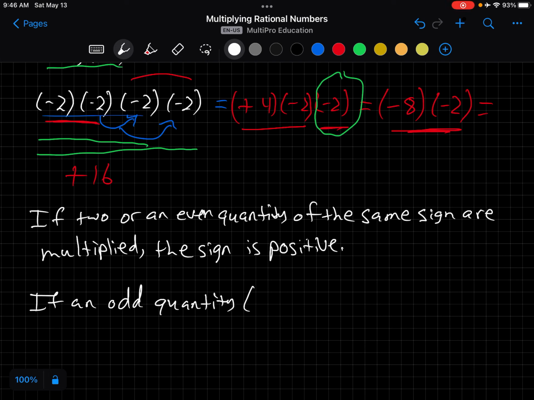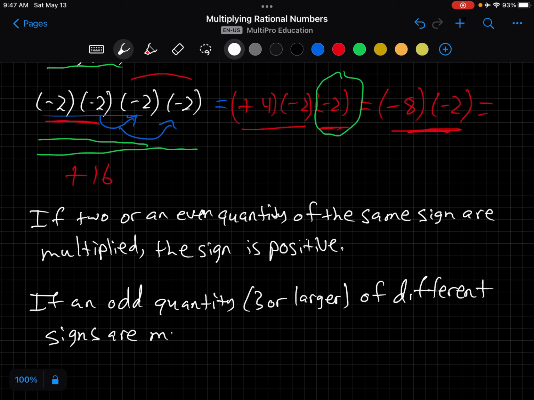If an odd quantity, let's say 3 or larger, of numbers, of different signs, are multiplied, the sign is negative.